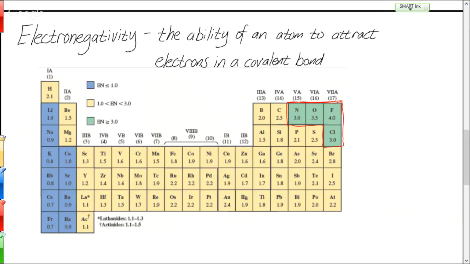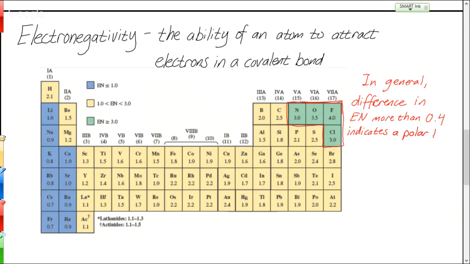So we can say, in general, a difference in electronegativity of more than 0.4, so 0.5 or above, indicates a polar bond.